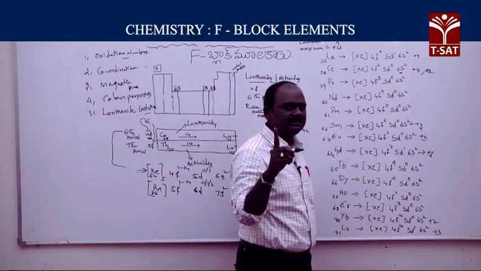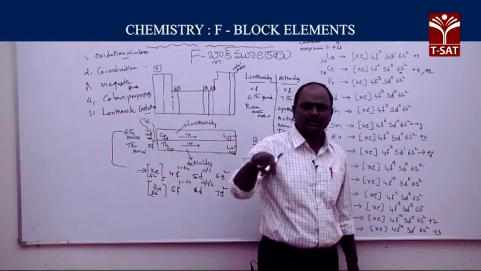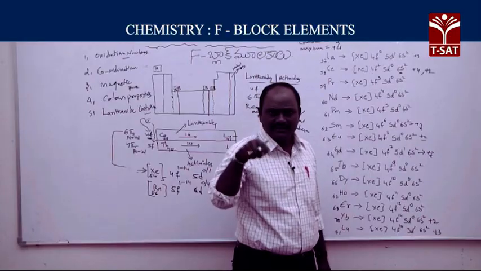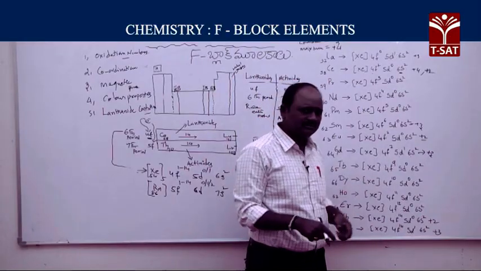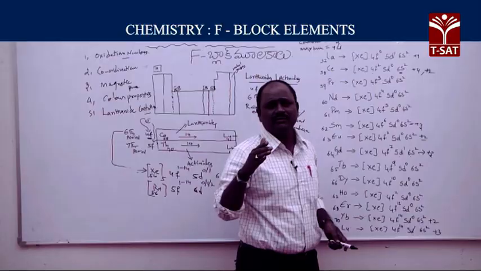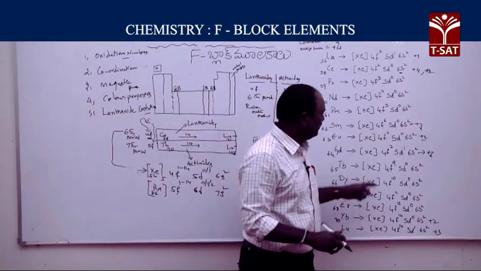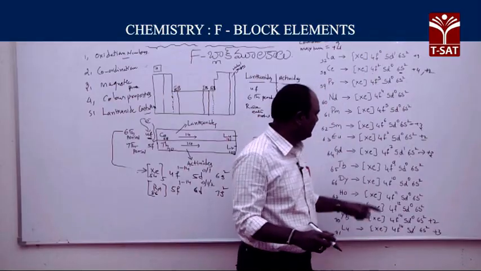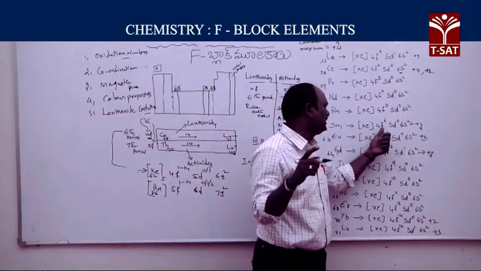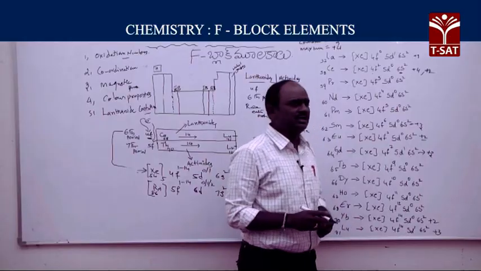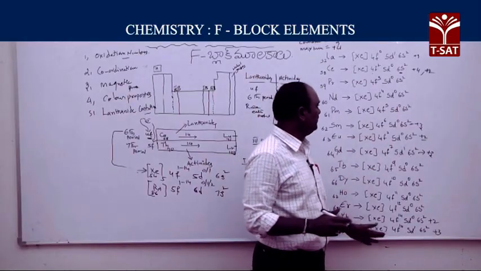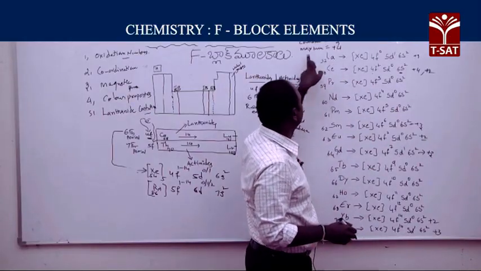The main reason is that when it is in the aqueous solution state, the required quantity of hydration energy and lattice energy is available. So by using that energy, we can remove only 1 electron from the 4f sublevel. Thus normally these elements exhibit the +3 oxidation state.